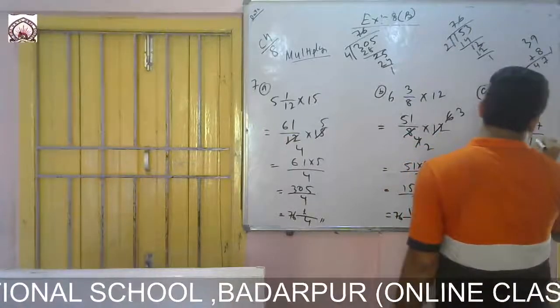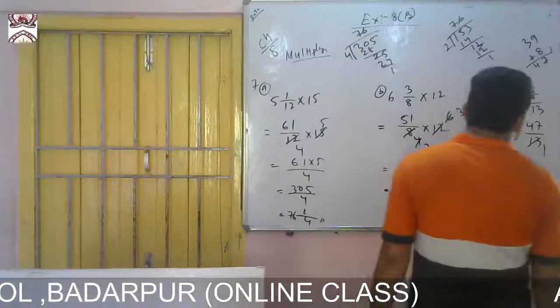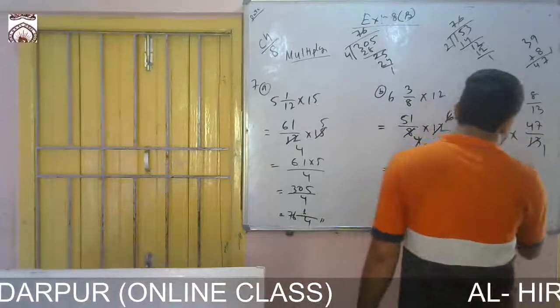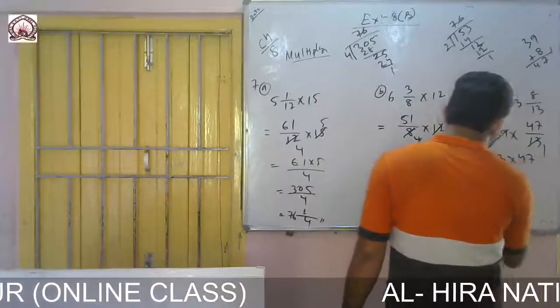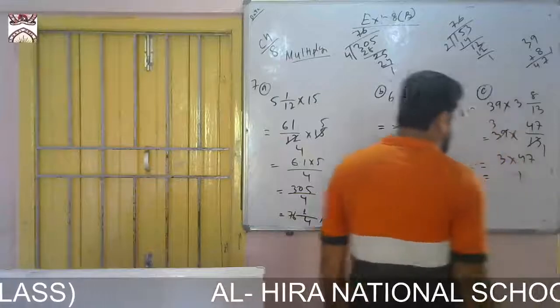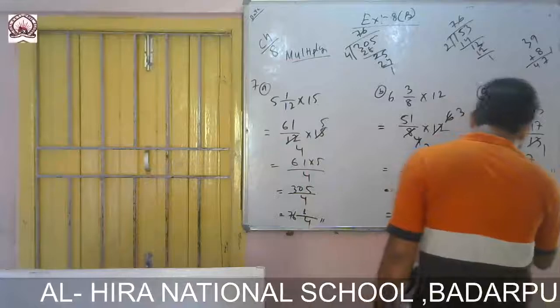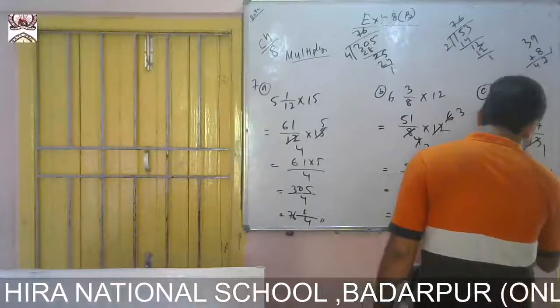So 47 by 13. Now 13 3 jar. Okay. Now remain what? 3 into what? 47. So 3 7 are 21. Remain 1. 3 4 are 12 and 1 13. 1 3 1. 1 3 1 is the required answer.